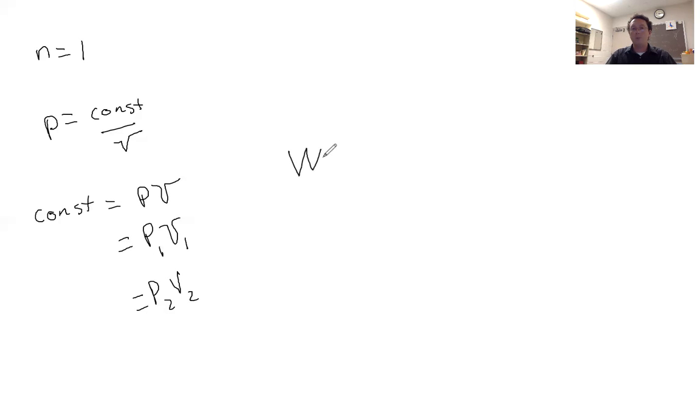The formula for work was the logarithmic case, so the work is the constant times the log of V2 over V1, which is P1 V1 times the log of 2, since the volume doubled.